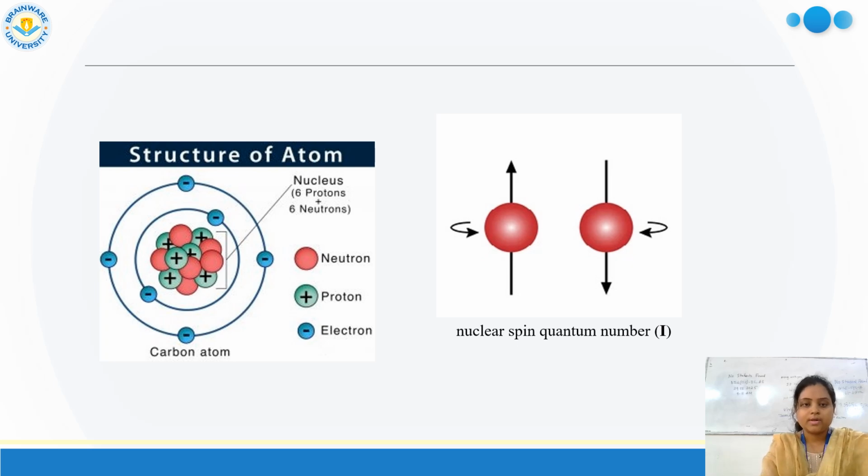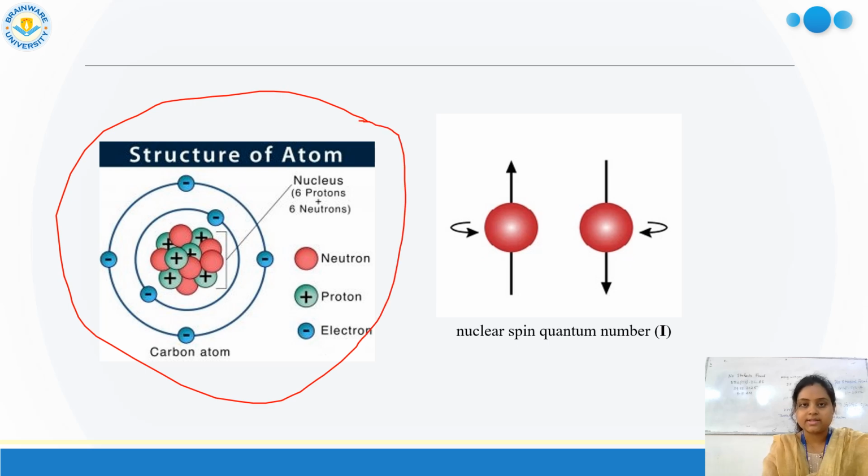This is the very basics of atomic structure, where the nucleus consists of two fundamental subparticles. One is the proton, another one is the neutron. Proton is positively charged, neutron is neutral. This is the basics of the nucleus of any atom.